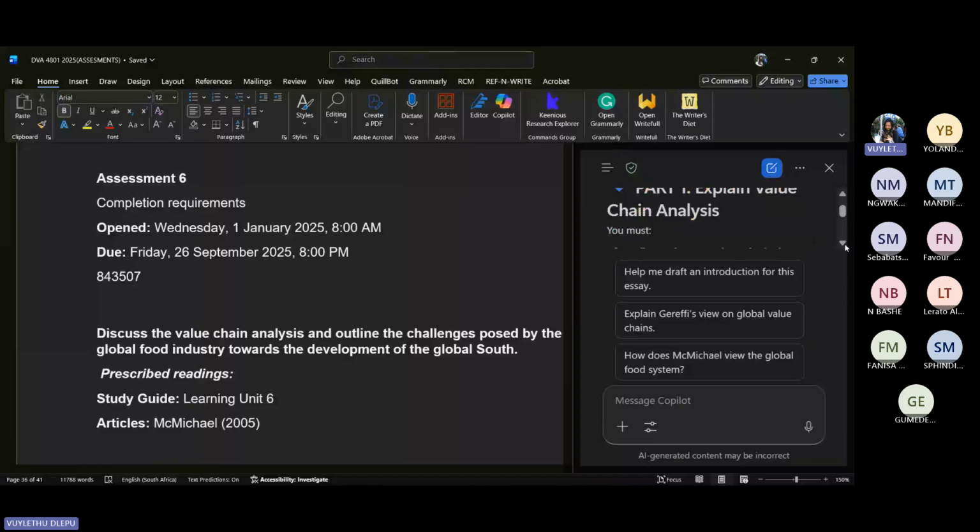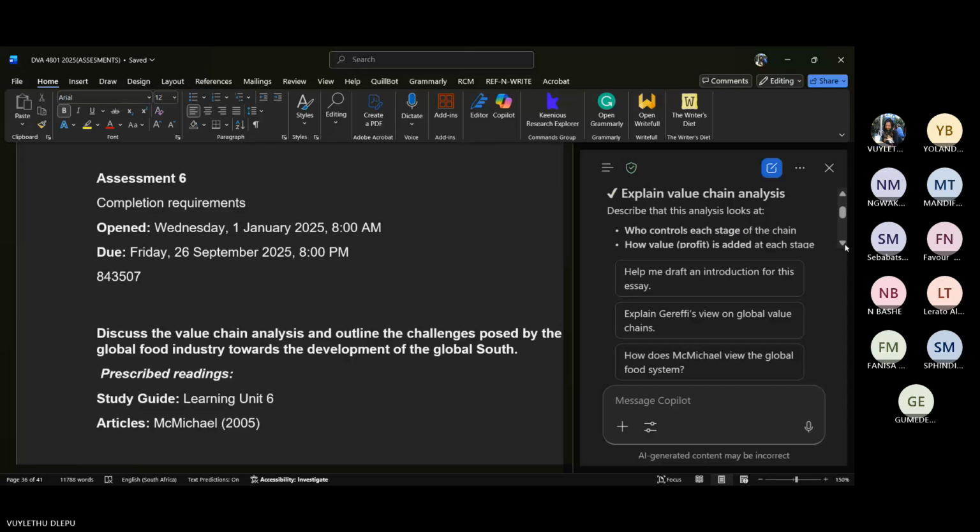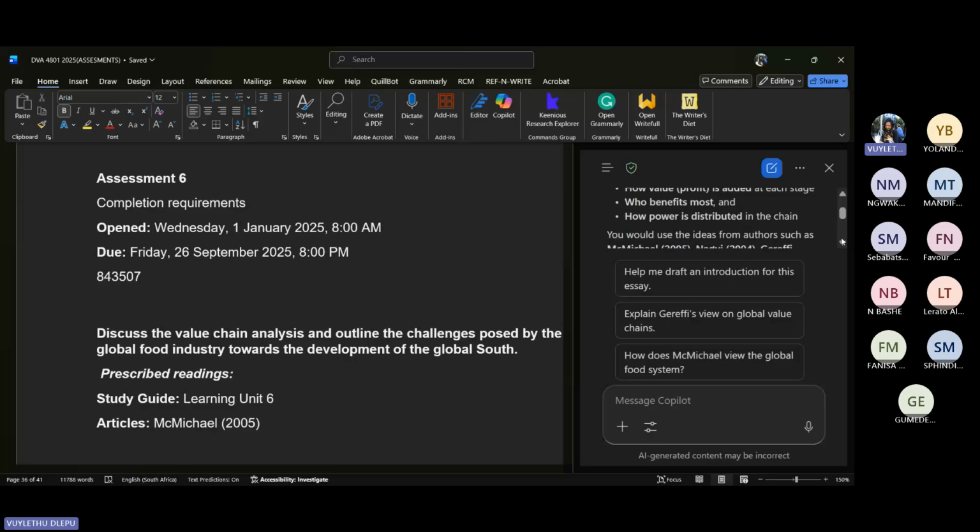The first part is we must explain value chain analysis, define what a value chain is, referring to all the steps involved in the product, from farming, processing, packaging, transporting, selling, all the way to the final consumer. Then you need to explain the value chain analysis, which is who controls what at each stage of the chain, how value is added at each stage, who benefits most, and how power is distributed in the chain.